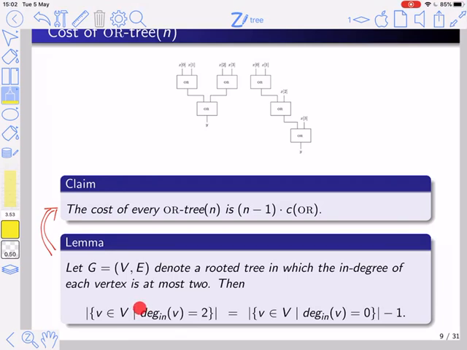It will equal the number of OR gates in my OR tree, because every OR gate has 2 inputs. So this will be the cost. The cost of the OR n tree is the number of OR gates that appear in it. And the lemma tells me that the number of OR gates equals n minus 1. And this is exactly what the claim states. So the lemma implies the claim. So let's prove the lemma.